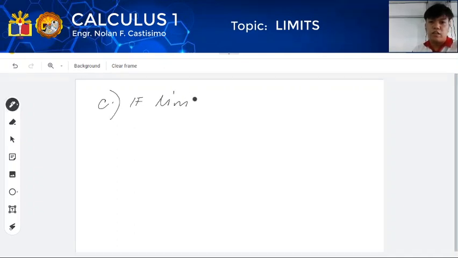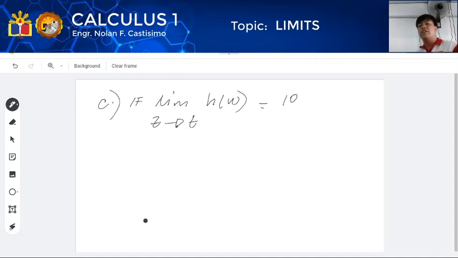If the limit of h of w as z approaches t. Parang iniba ko lang yung mga variables natin. So, if the limit of h of w as z approaches t is equivalent to 10. Yan yung value ng limit of h of w natin.